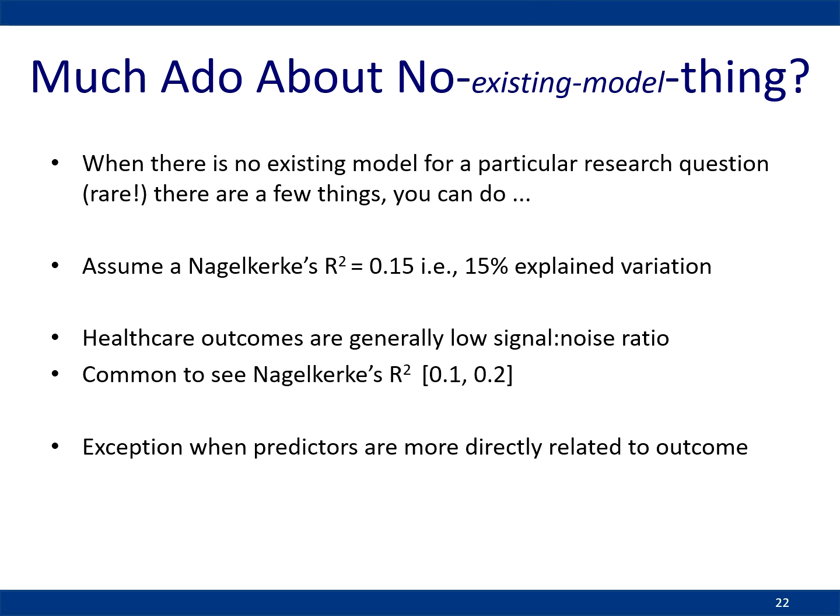But if you really can't find anything and you're the first in your area, then we would suggest to use a Nagelkerke R-squared of between 10 and 20%. And that's because in healthcare generally, outcomes are a low signal to noise ratio. So it's common to see R-squareds in the region of 10 to 20%.